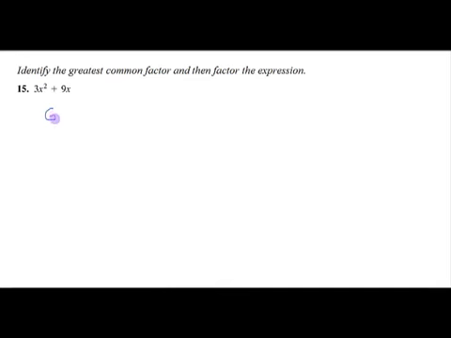So first, my greatest common factor for the coefficients, the greatest number that would divide both of those would be 3. And for the variables, the greatest factor that could come out of both of those would be an x. So my greatest common factor is 3x.